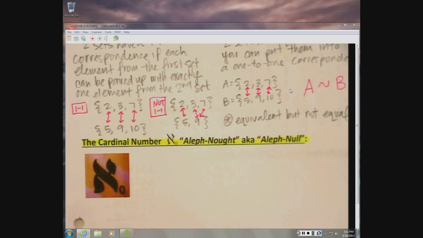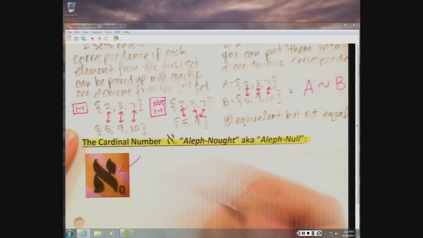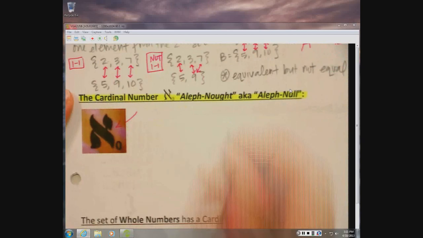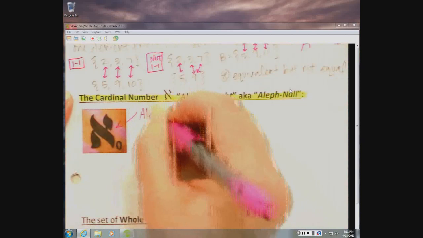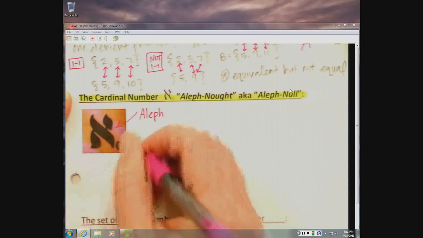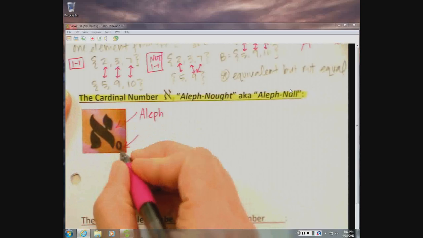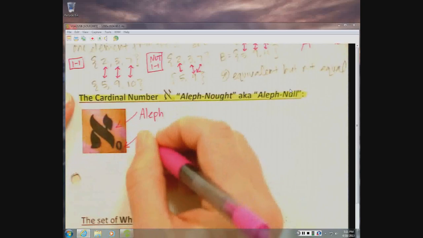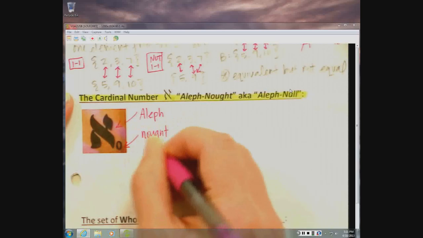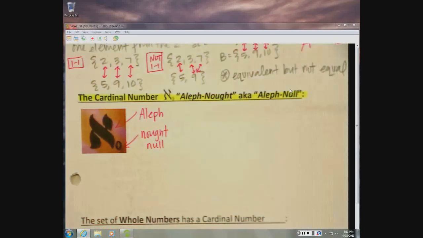If you want to get really geeky, you can get this really awesome tattoo. This part is the aleph, and the fact that it has the 0 as a subscript, that's the naught part of it, or the null part of it.